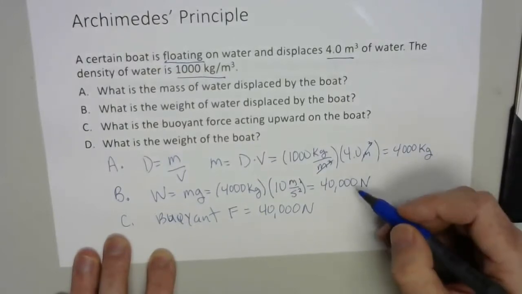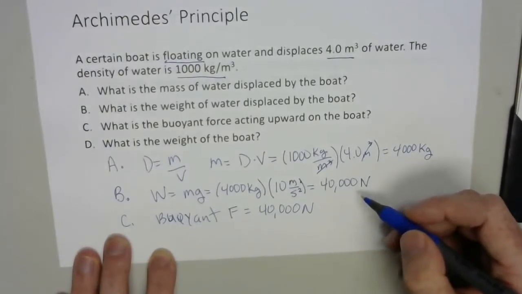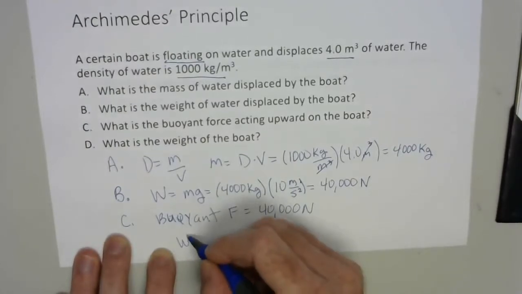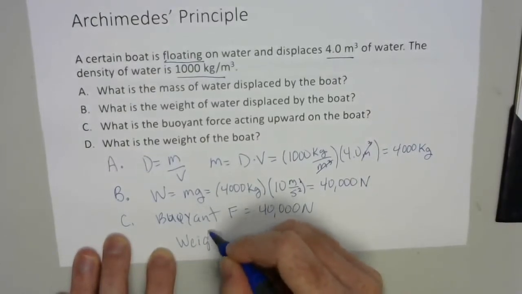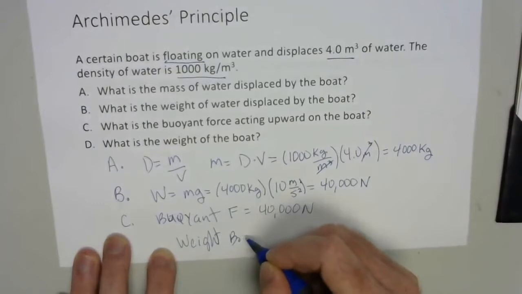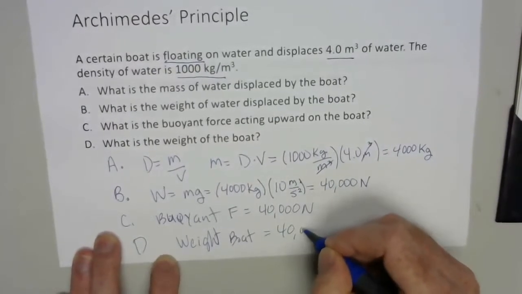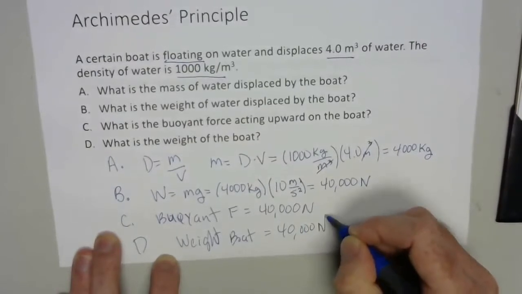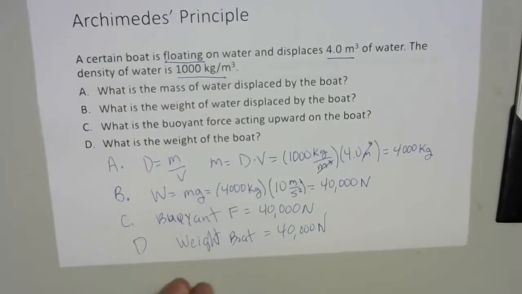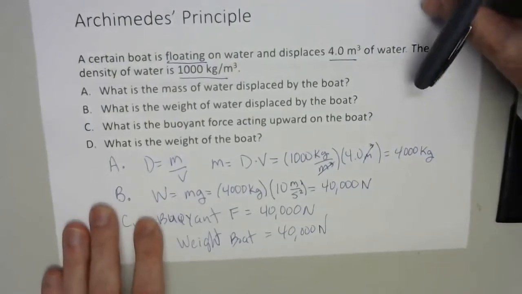And so the weight of the boat, for part D, is also 40,000 newtons because the boat is again floating. Okay, so that is Archimedes' principle.